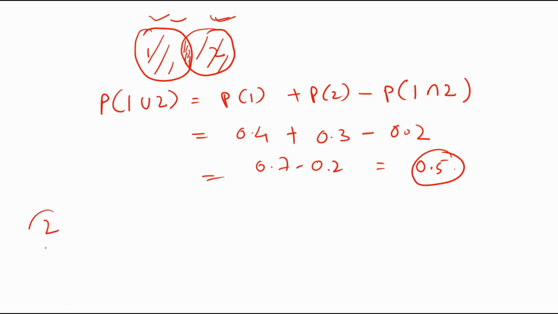Now the second part to this question is, what is the probability that somebody will get the answer wrong? Okay, that means neither of these will happen. Neither will the student be able to answer question 1, question 2 or both the questions, right? So how do we answer this?